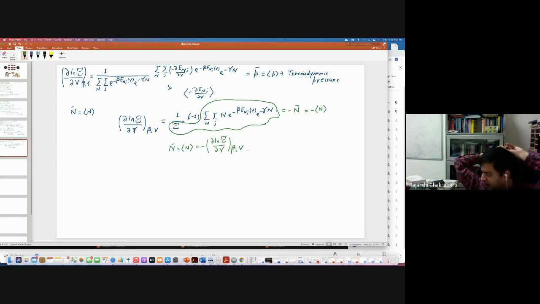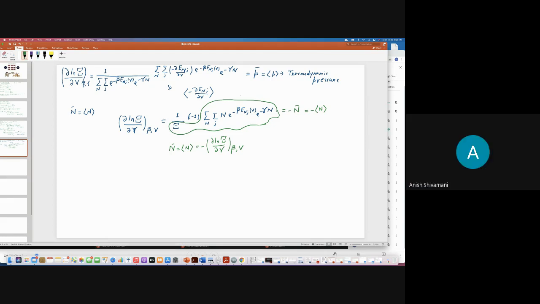Anish, did I do anything wrong here? Any mistake? What was that expression? Okay, this is the expression. I take a derivative with respect to V. So exponential of some function of V, and then you take a derivative of that function with respect to V. Of course, there will be a beta, isn't it?